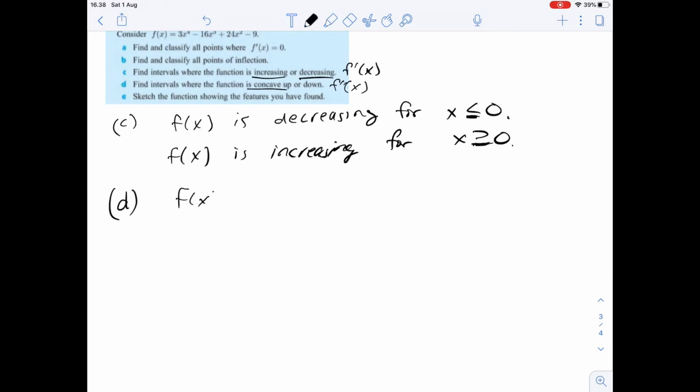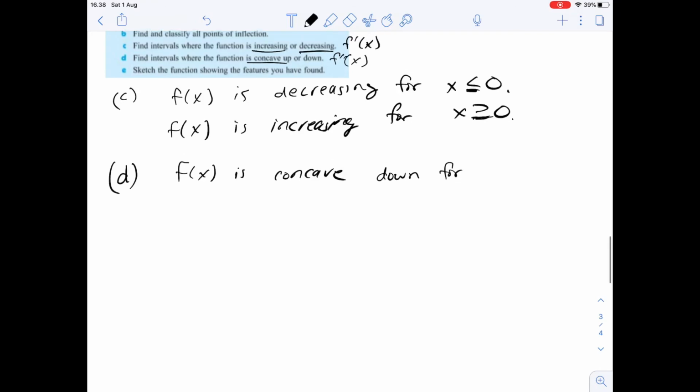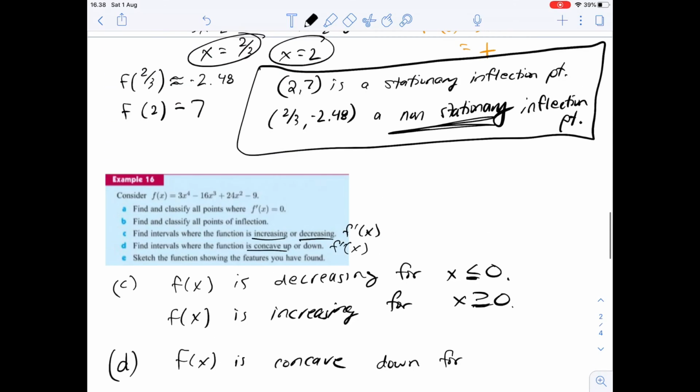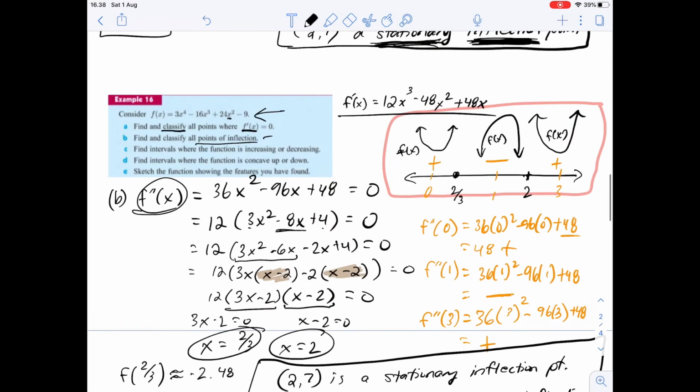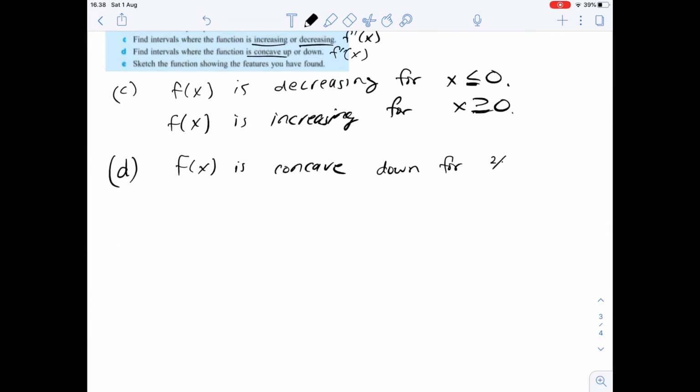That's good. So f of x is concave down for x in between 2/3 and 2.